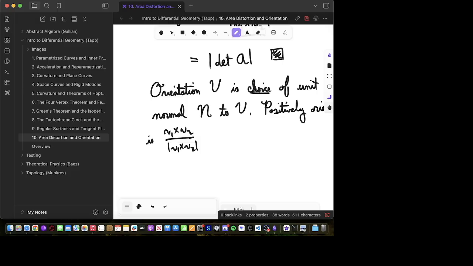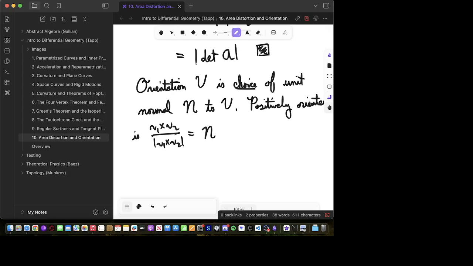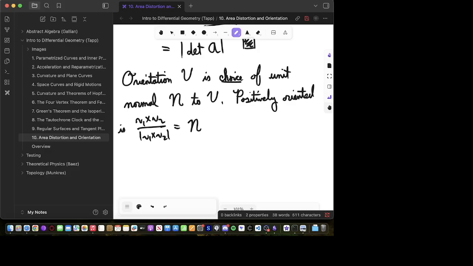The cross product normalized of the two basis vectors equals the normal vector. So otherwise, it is called negatively oriented.